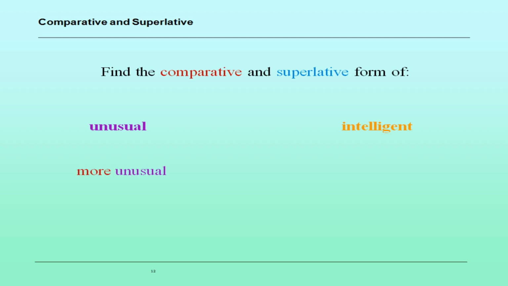Comparative form of useful is more useful, and the superlative form is most useful. Then intelligent, more intelligent is the comparative form, while most intelligent is the superlative form.